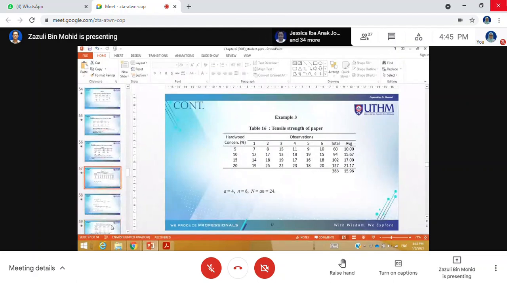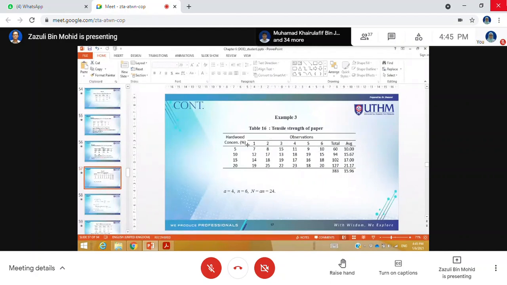This is another example showing results whereby in this case we have one vector, which is the hardwood concentration, and there are 4 levels, and we have 6 responses for each level.